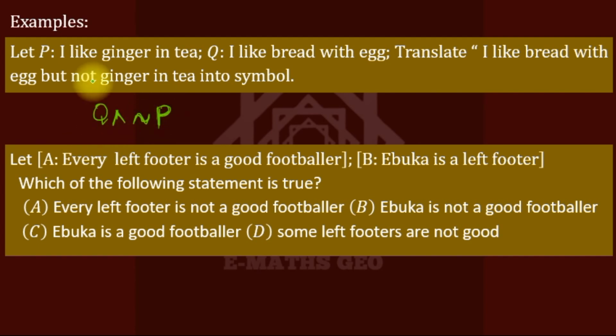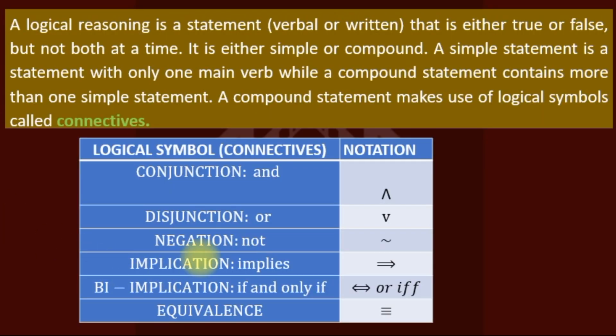So that's the answer. I like ginger is P. I don't like ginger in tea is now the negation, not P. That's the symbol. As you can see, look at the table: negation, not. Do you see the symbol? That's the symbol.